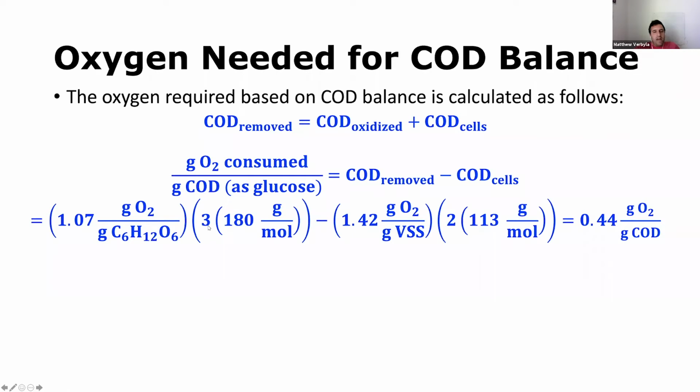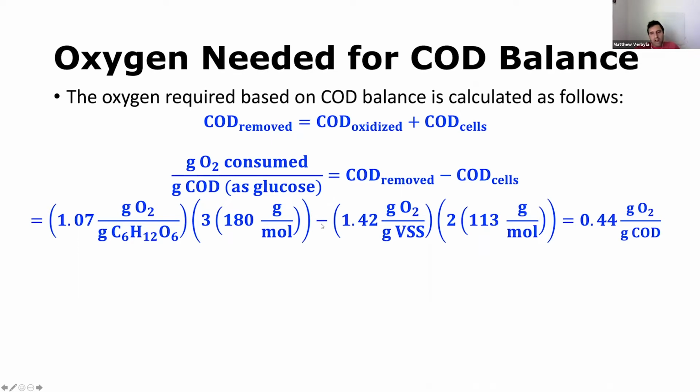If we multiply that by the 3 moles of glucose in the reaction and the 180 grams per mole of glucose, the moles cancel out, the grams of glucose cancel out, we're left with grams of oxygen based on the COD removal. All right, so this term right here calculates the mass of oxygen for COD being removed.